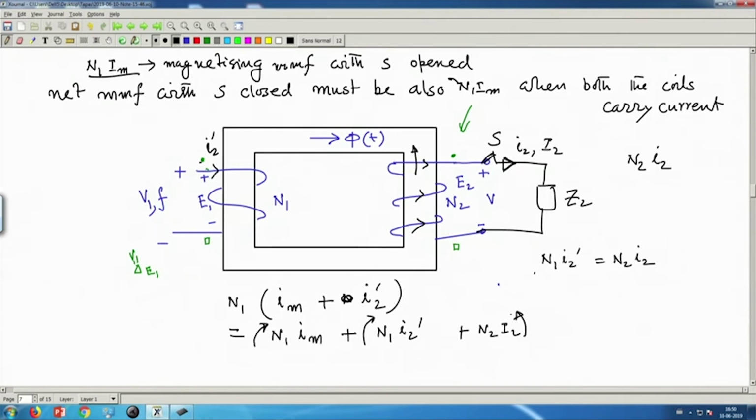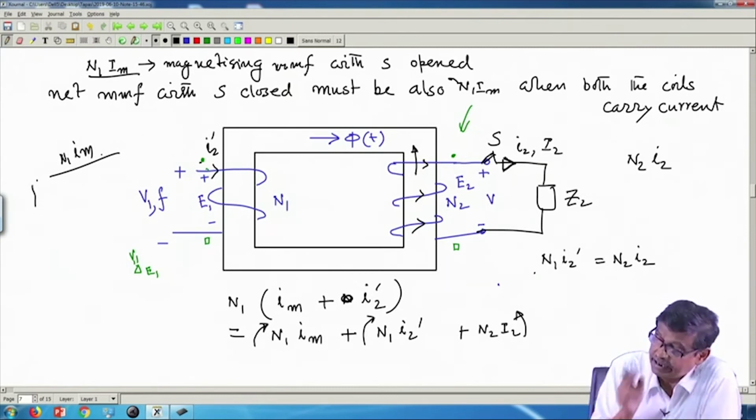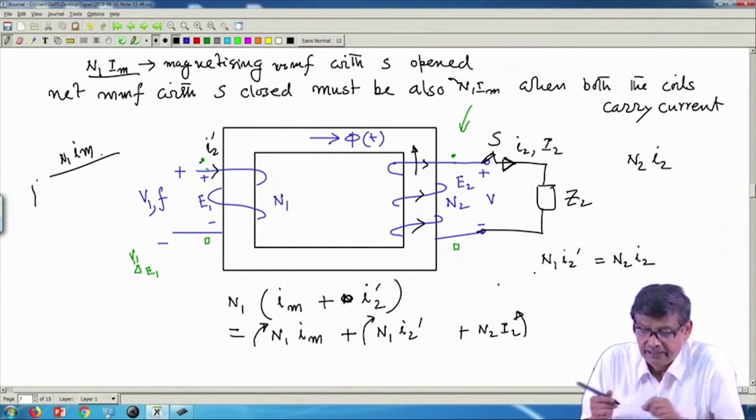Therefore, in the earlier case when S was opened, net MMF acting in the magnetic circuit was N1 Im. When you close the switch, what is the net MMF acting in the circuit?